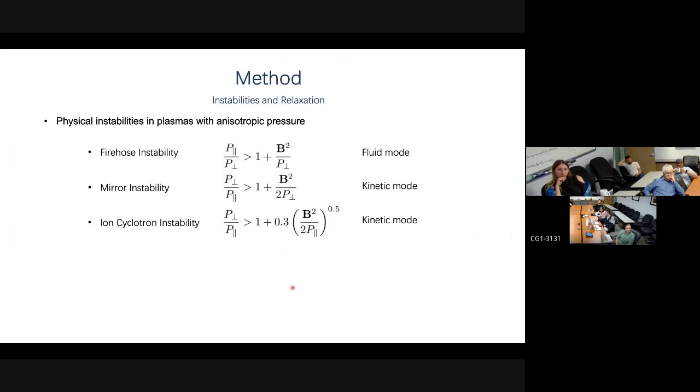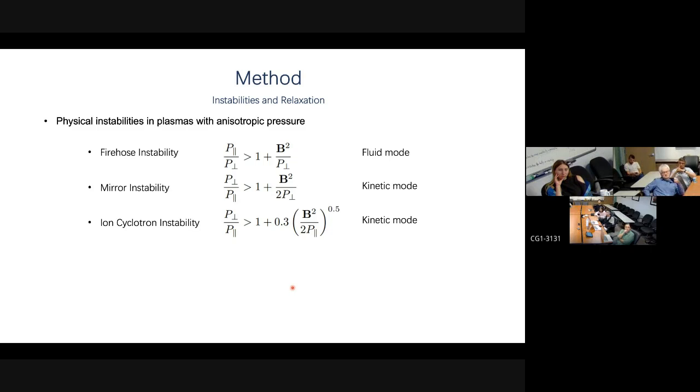The pressure anisotropy cannot grow without bound, because high frequency waves and micro-instabilities feed on the free energy in the pressure anisotropy and act to isotropize the pressure, limiting the pressure anisotropy. So there are three types of instabilities we're considering. When the parallel pressure is too large, the firehose instability can happen.